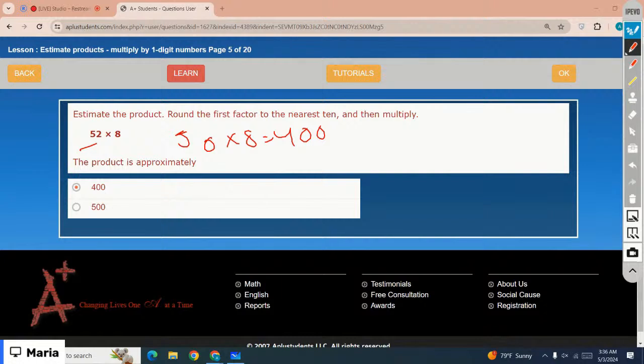The correct option is 400, option number 1, right?